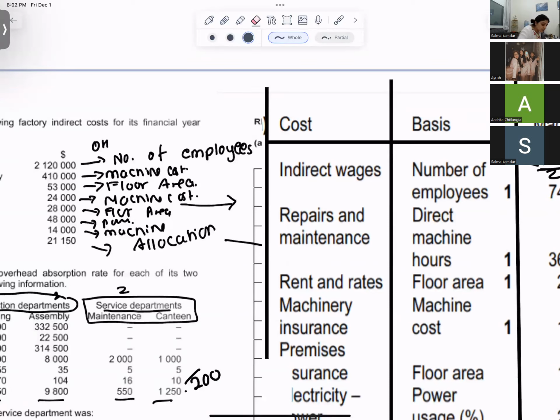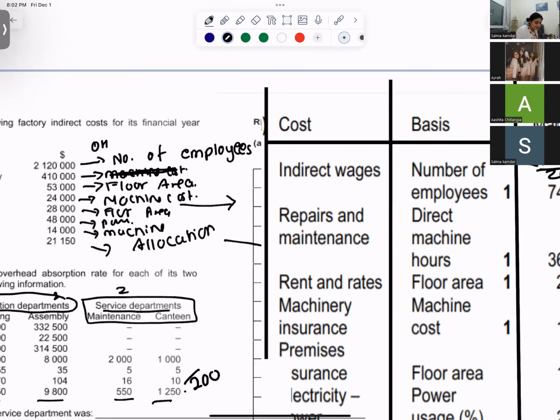Yes, there is a confusion. Even you all remember, basically we say that anything that is related to machine, the non-current asset, has to be divided in the ratio of their costs. But there is one exception to it, and I always miss this exception.